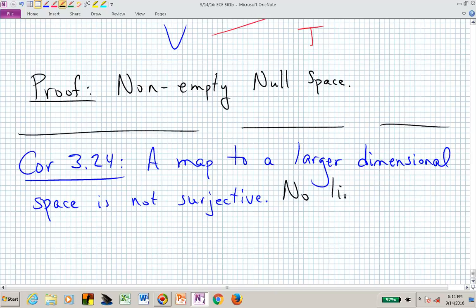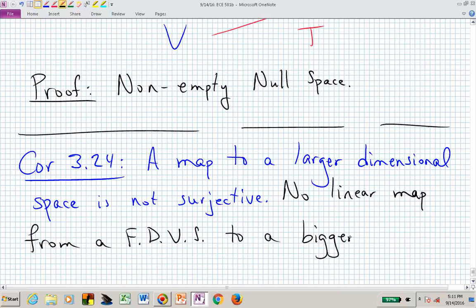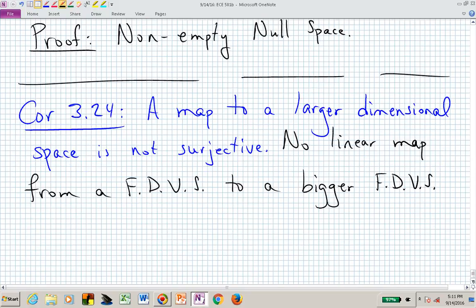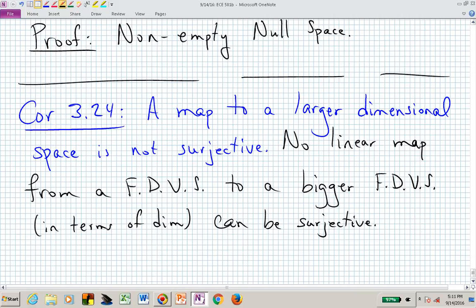No linear map from a finite dimensional vector space to a bigger finite dimensional vector space, again in terms of dimension, can be surjective.